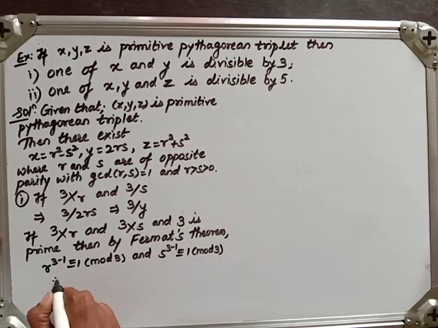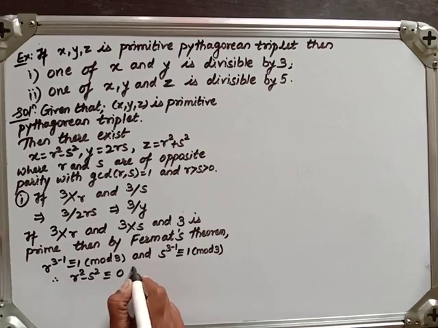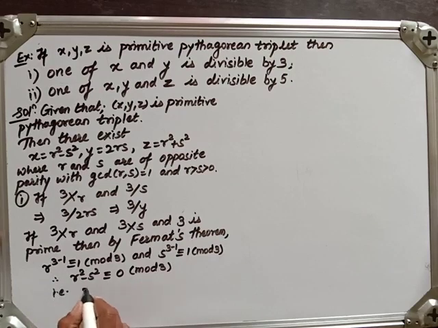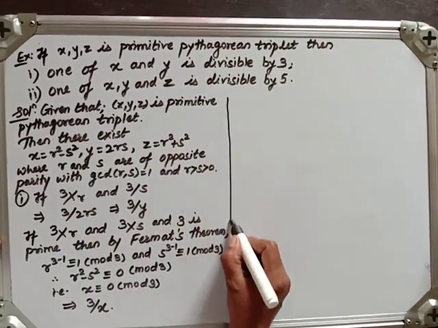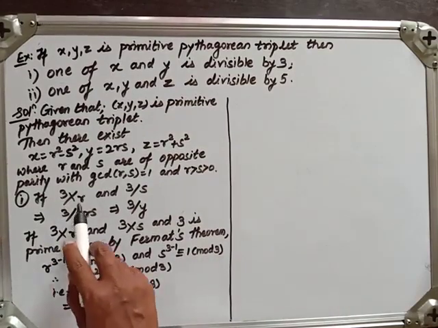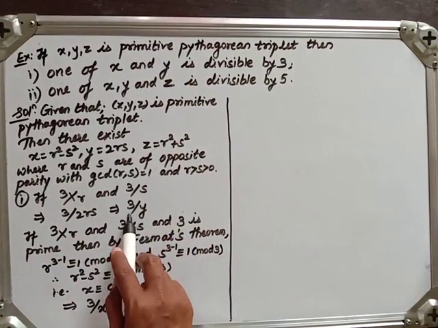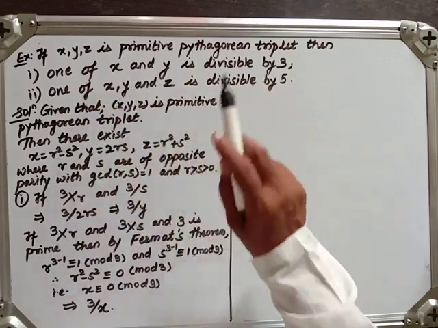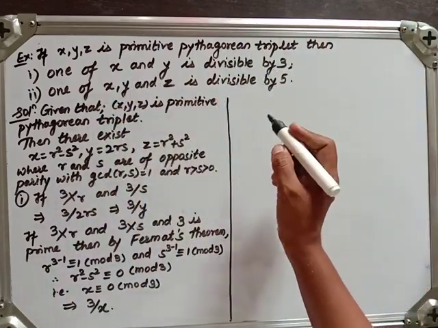Therefore, r square minus s square is congruent to 0 modulo 3. That is x is congruent to 0 modulo 3. That gives 3 divides x. Now, what we have done? If 3 divides r, 3 divides s, then we have proved 3 divides y. And 3 doesn't divide r, 3 doesn't divide s, then 3 divides x. So, one of them is divisible by 3.